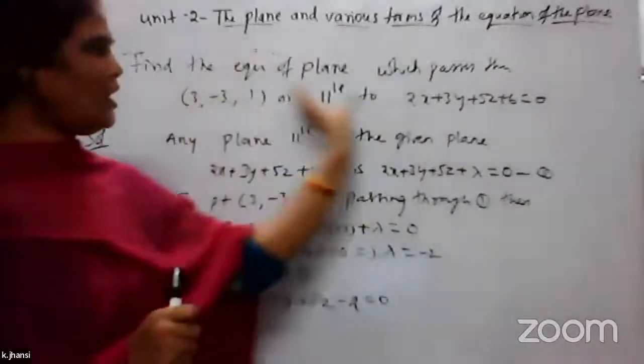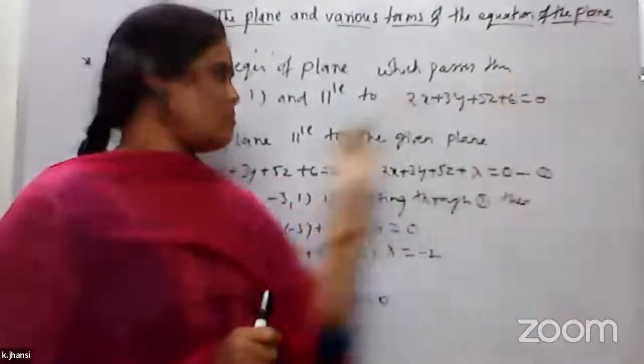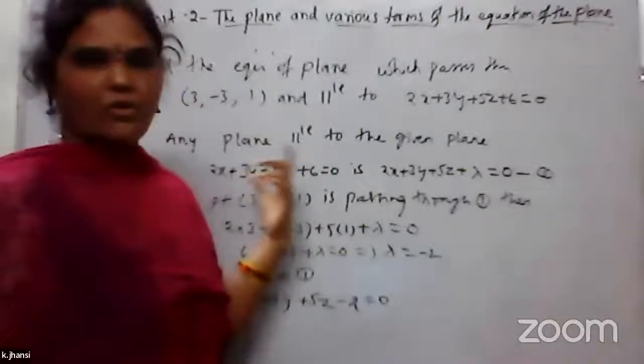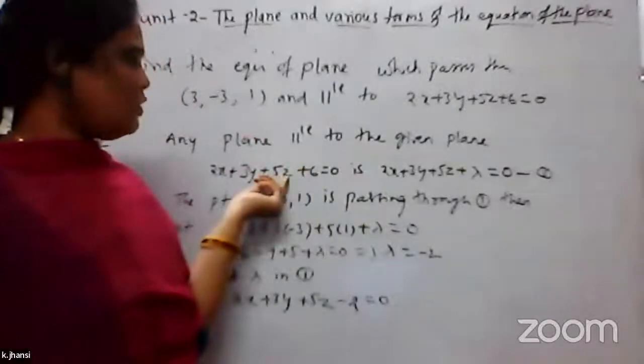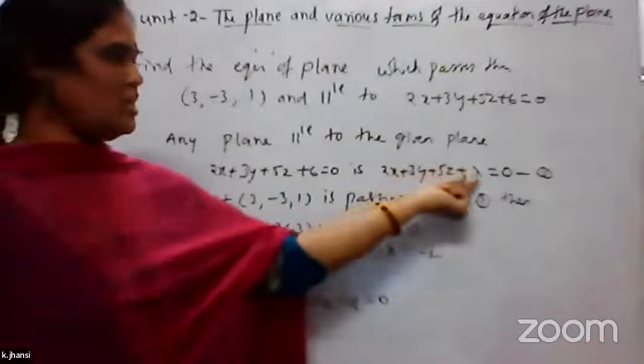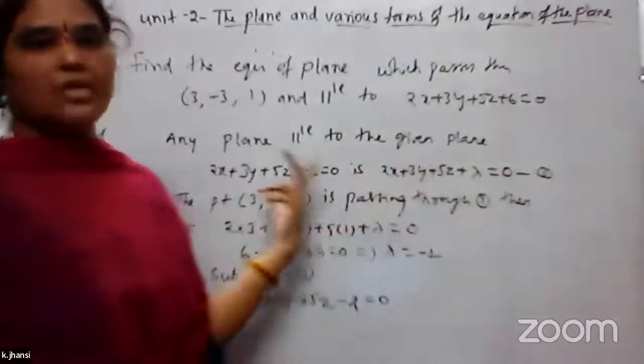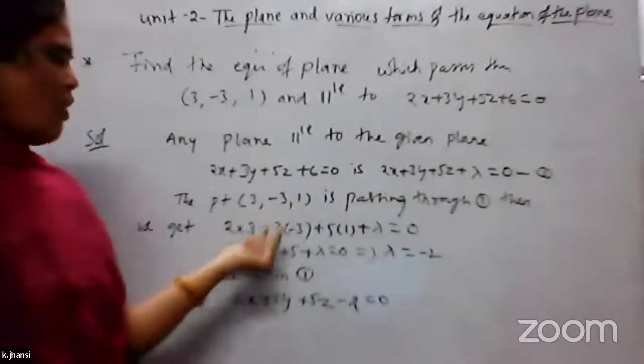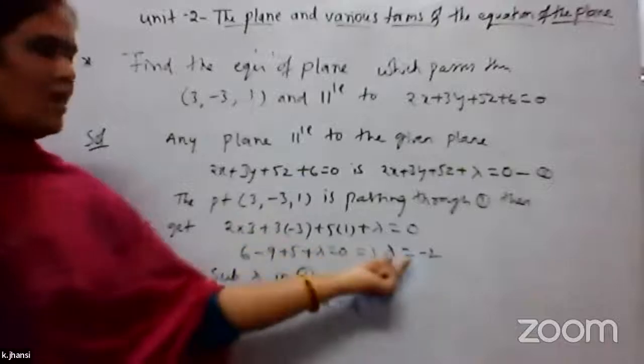So to find the equation of the plane which passes through a point and is parallel to a given plane, you take the formula I just told you: put lambda in place of D, then substitute the point in the equation, and you will get lambda.